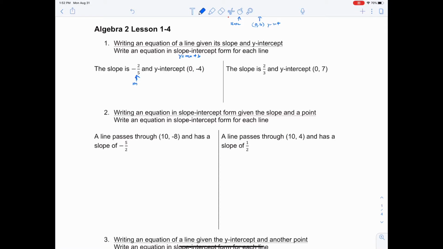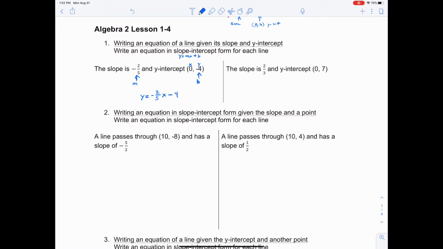And the y-intercept is (0, -4). This is x, comma, y, meaning the b of this is -4. So I have y equals my slope, -2/5 x, minus my b, which is 4. And there you have it.